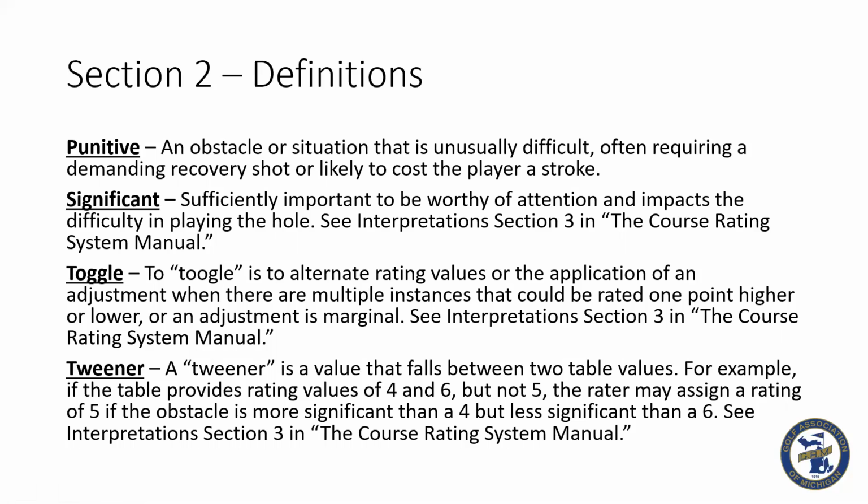But if I hit it in the trees and can play my shot towards the green, or on a par 5, if my punch out shot can still be advanced 150 yards or whatever, then that's not super punitive, because I'm still in good position. But if I have to play out sideways because I'm in a pine forest and there's really nowhere to swing, or I have to go back under stroke and distance, that would be punitive in that case.